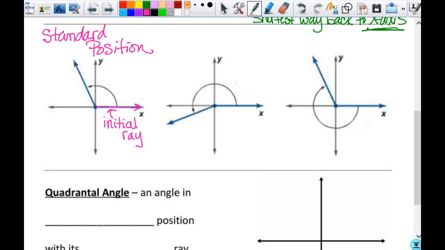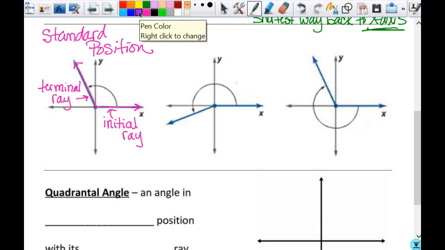It's using the word side up there in that picture. I'm going to use ray right here because it could be either one. Then if we start here and come around this way, that makes this the terminal ray. Initial ray and terminal ray. And you need to glue all that later and be with me right now. Everybody good?